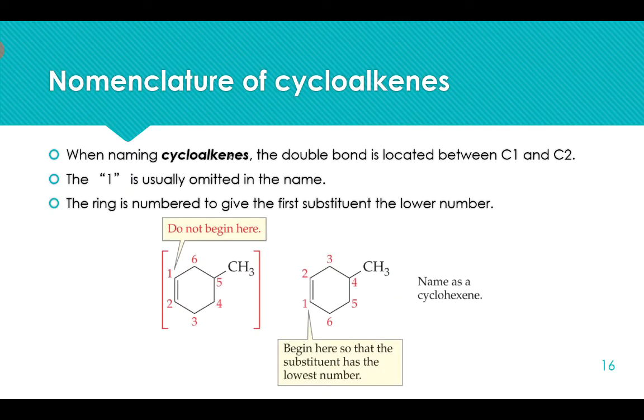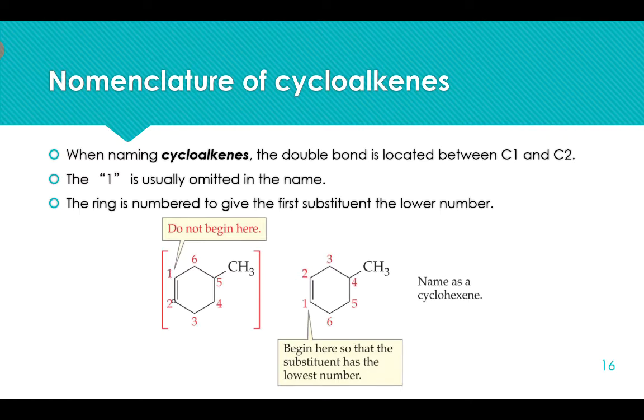So, nomenclature of cycloalkenes. When naming cycloalkenes, you want to number so that the double bond is between carbons 1 and carbon 2. The 1 is usually omitted in the name. It's implied because it's always going to be between carbons 1 and 2, so you kind of know where it is by default.